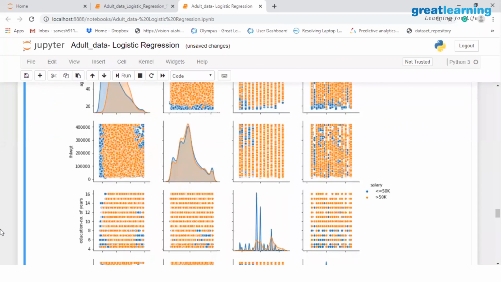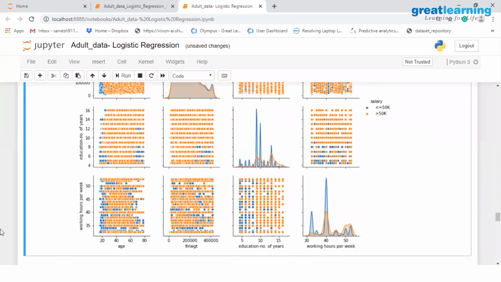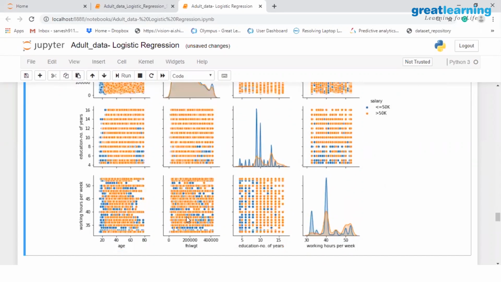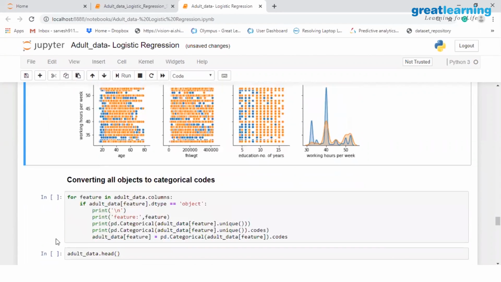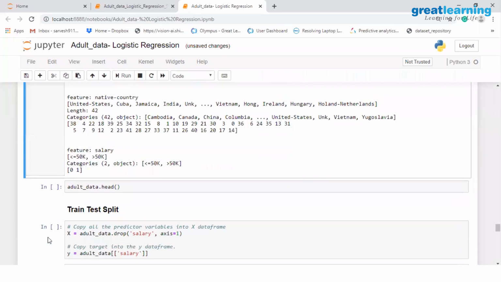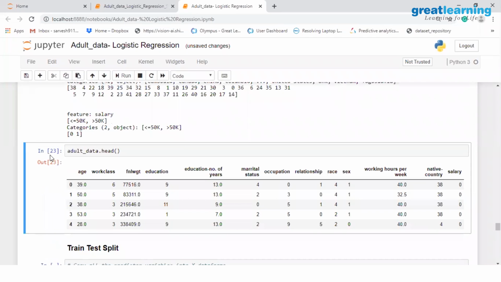Not many of the variables are of much use. These are not separating the true positive and the false positive, but still we'll see. And then again converting all the objects to categorical values and just checking it.